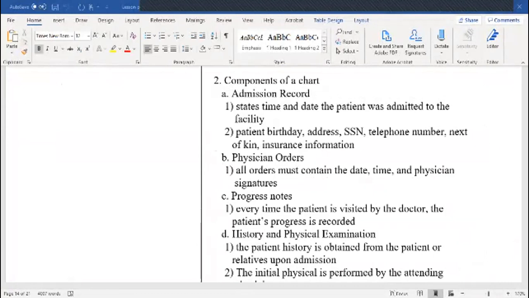Patient presented to the ED on January 4th, 2021 at 6:29 p.m. Also has their birthday, your social security number, your address, telephone number, next of kin, and your insurance information, right? Now all that is in the admission record, okay?